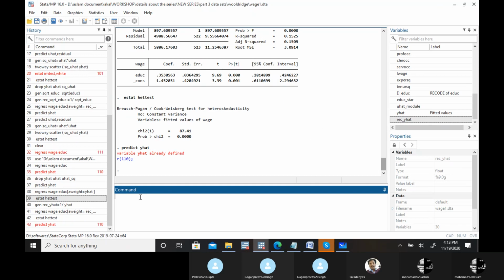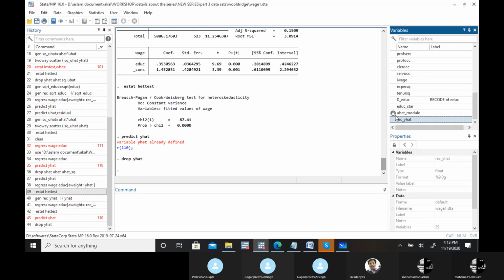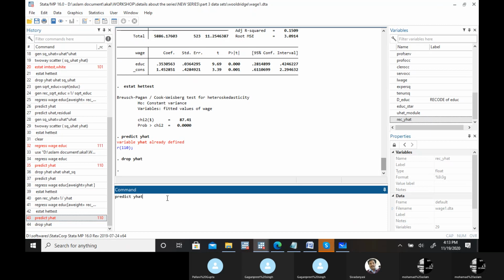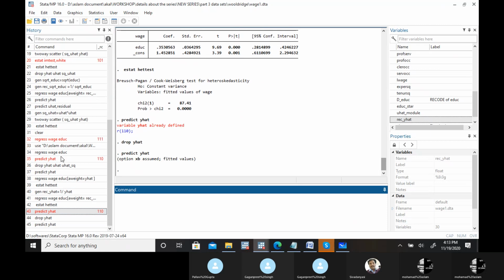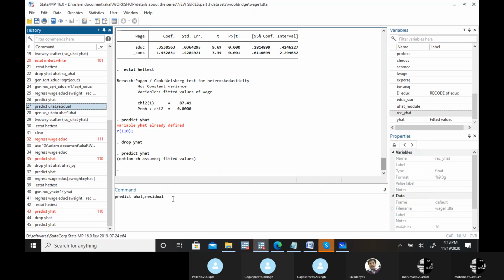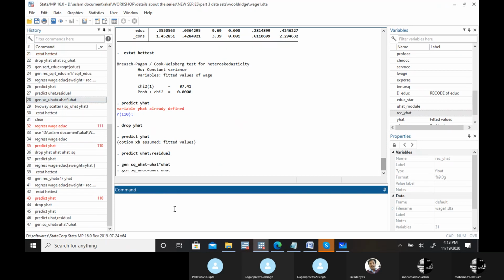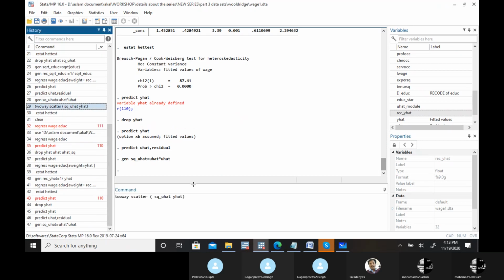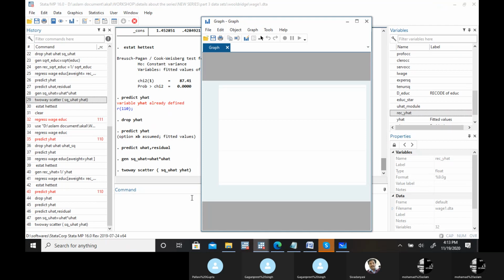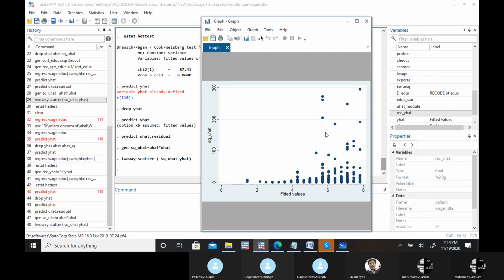Y hat is already defined. Predict u hat square. No, still there.